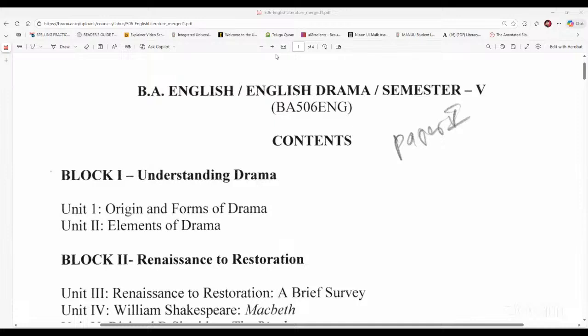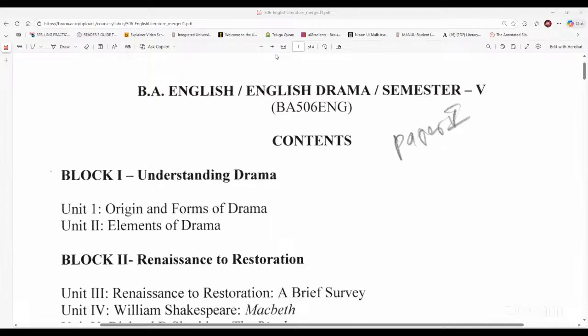According to Aristotle, there are six, seven different elements. What are those elements? And what does each element mean? And what role does each of the elements play in the development of drama? That we are going to quickly understand.